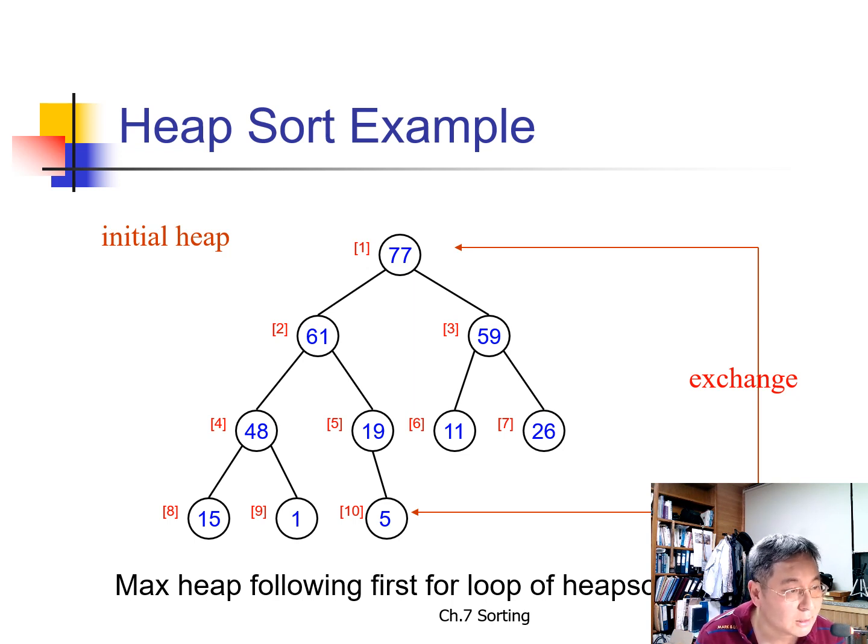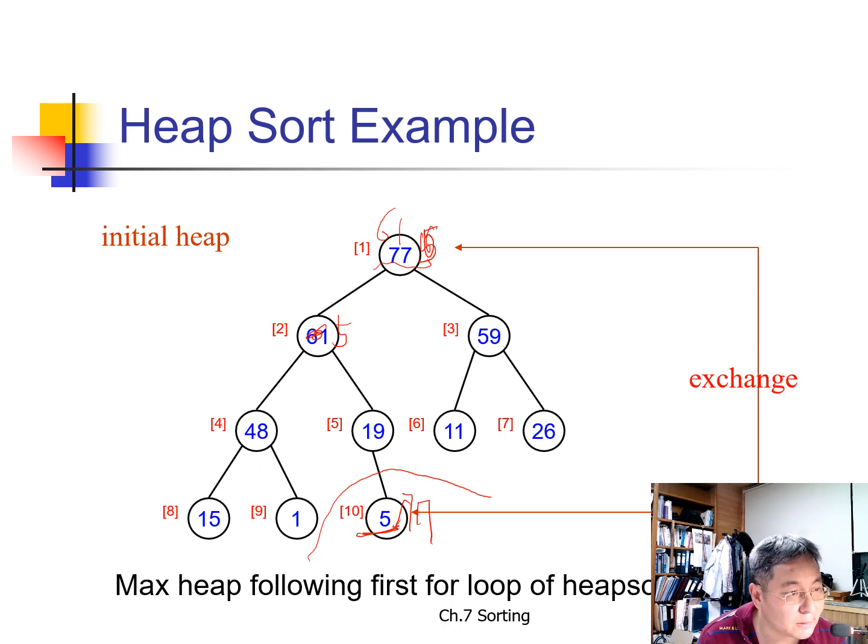Now, how can we sort this data? We already know that 77 is the maximum value, so this root node will be exchanged with the last node. So 5 goes here and 77 goes here. Now we must heapify all of the data except this one. 5 will be exchanged with the greater value between its children. 61 goes here and 5 goes here.